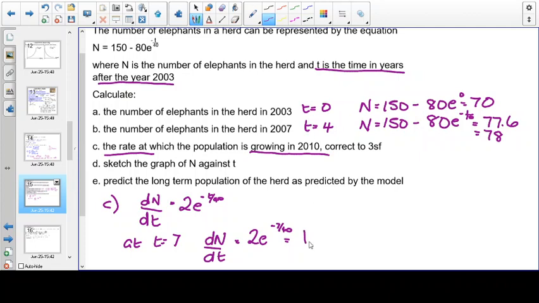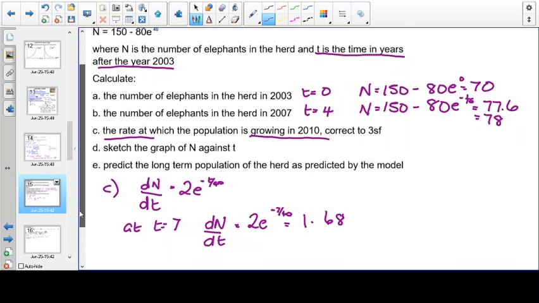So that is 1.68. So at the instant where t is 7, the rate of increase, this is positive, so there is an extra 1.68 elephants at that instant.